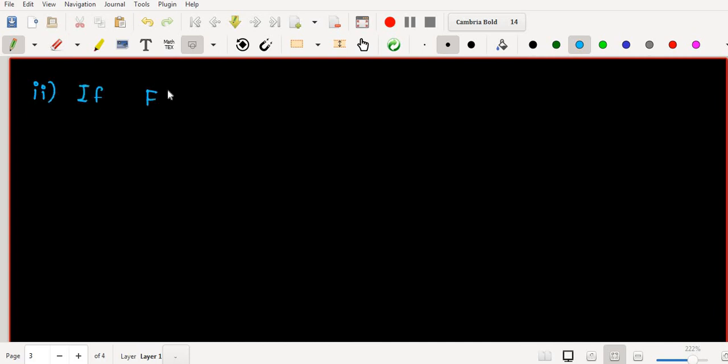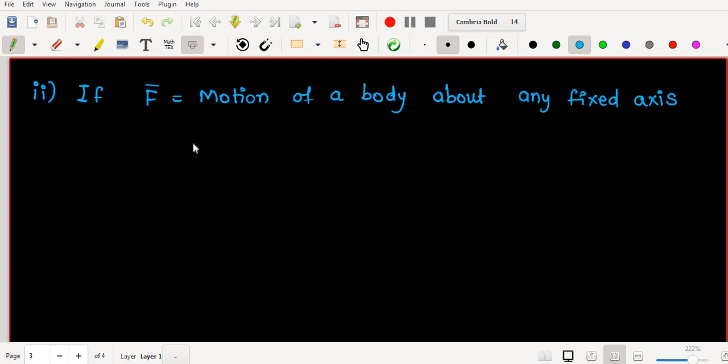So in physical aspect, if we consider F bar is motion of rigid body about any fixed axis passing through origin, then the value of curl of this motion vector will represent rotation of that body.